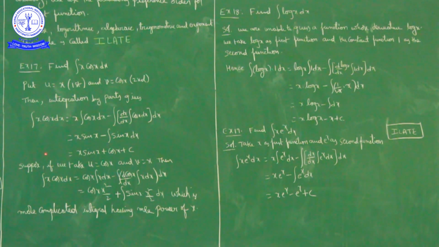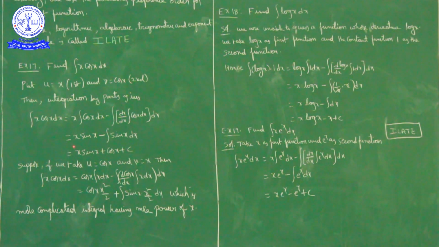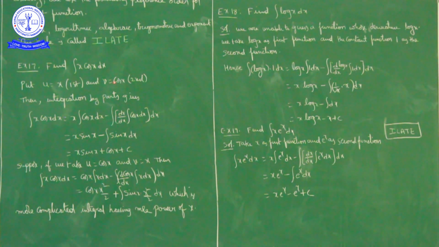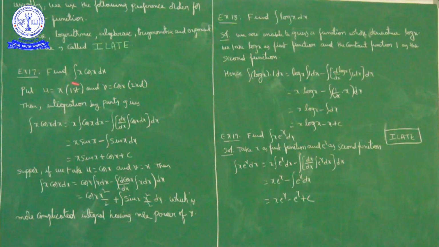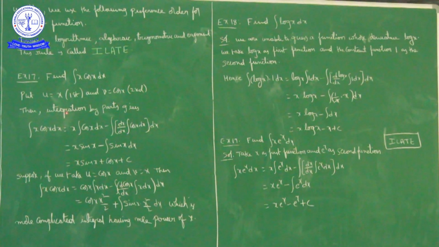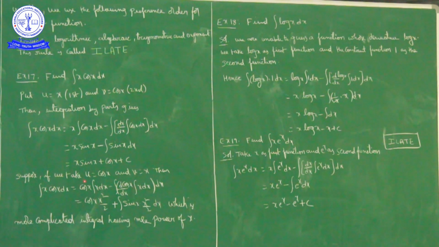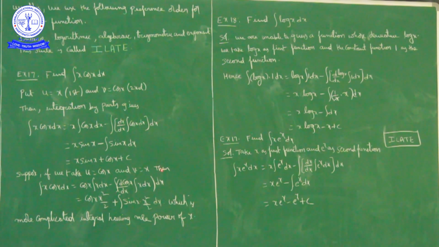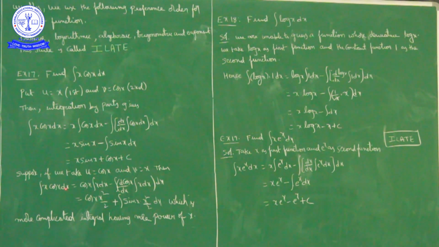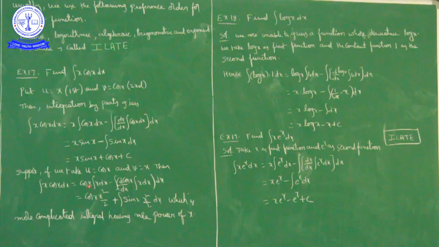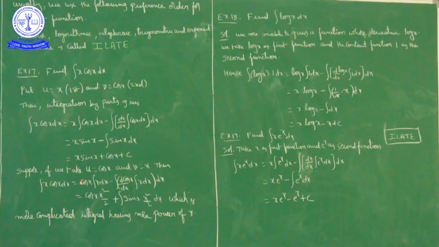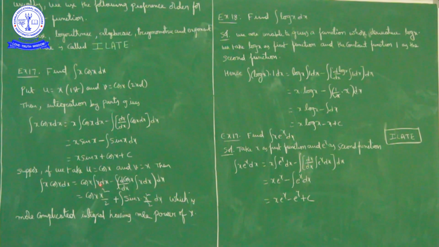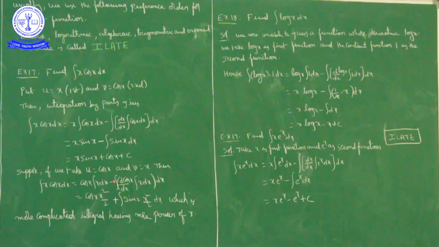Next, suppose if you consider cos x as first function and x as second function, what happens? Then integral of x cos x dx equals cos x into integral of x dx, first function into integral of second function, minus integral of derivative of first function into integral of second function.